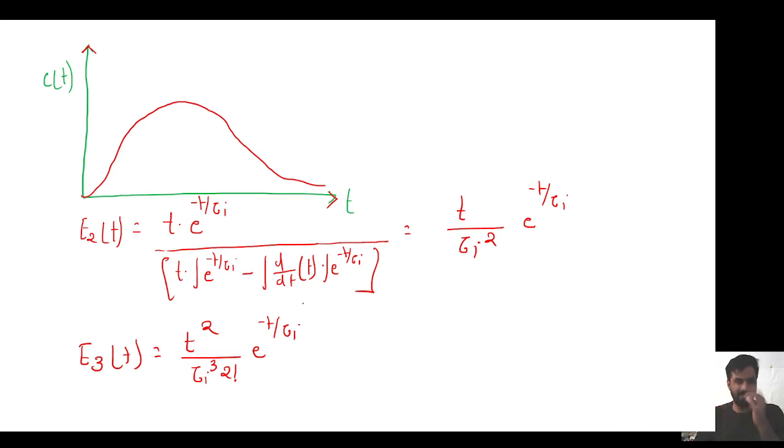You don't need to derive everything. Here I am deriving to let you know. So again, you can see there is something related between this one and this one. So you can see there is an expected recurrence relation. So I am writing here the recurrence relation. Directly I am writing En(t) equals t to the power n minus 1 upon tau i to the power n, into n minus 1 factorial, and e to the power minus t by tau i.